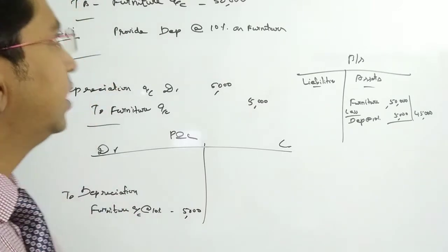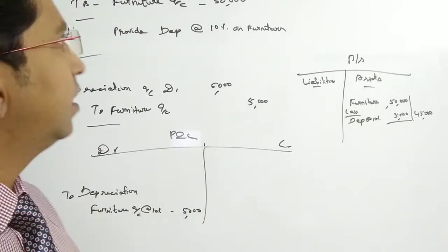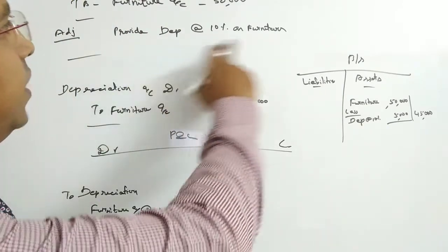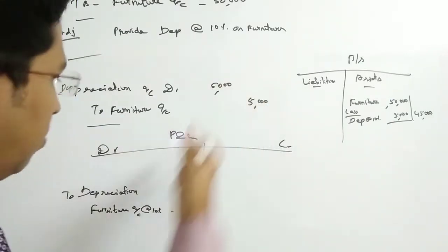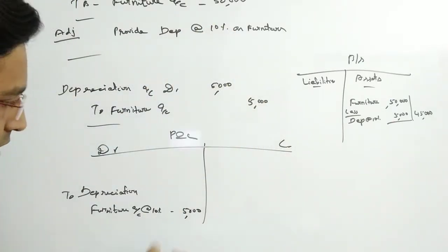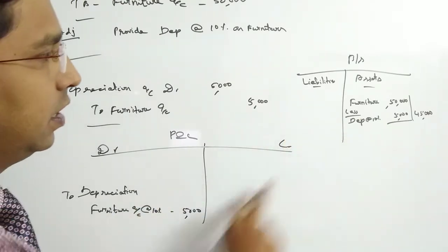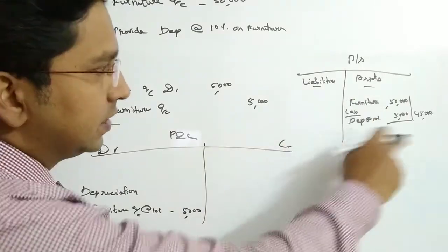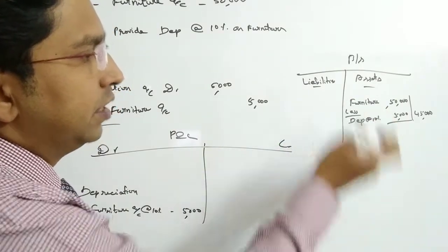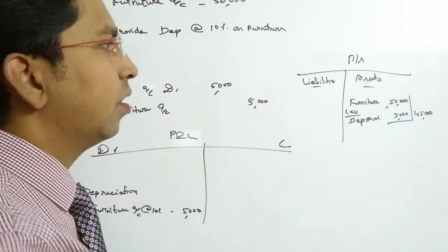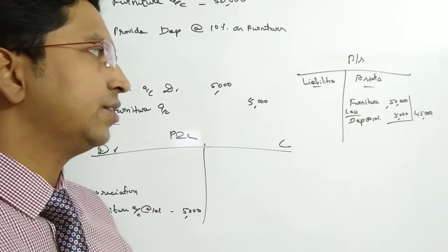That is how we have to treat depreciation in final accounts. If we have more than two or three assets, all the assets' depreciation values should be calculated and written one by one, and the corresponding depreciation should be reduced from each asset value, and the new value written in the outer column under fixed assets of the balance sheet.